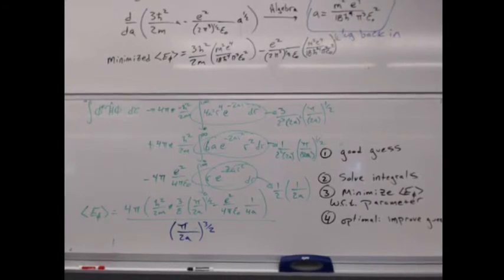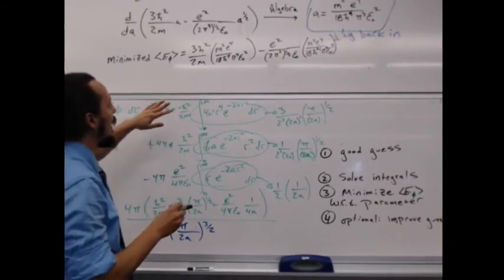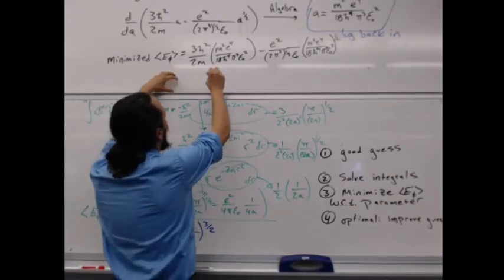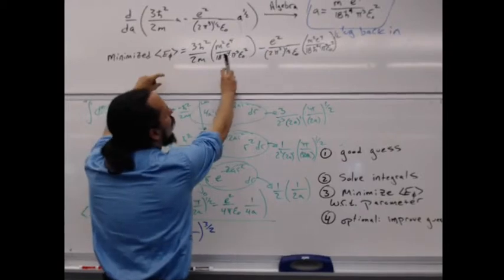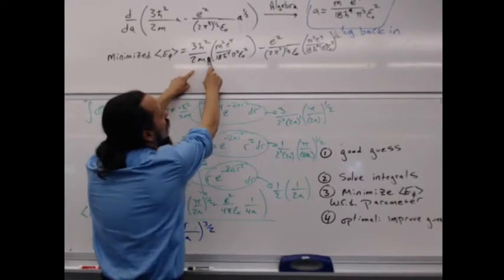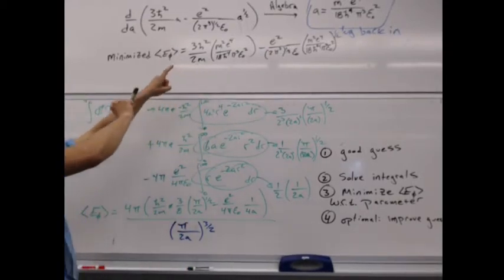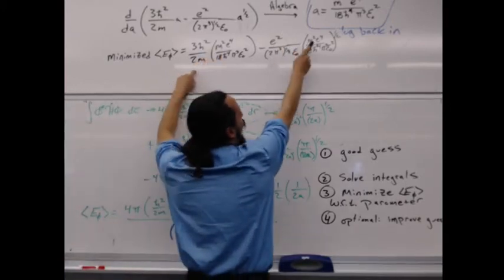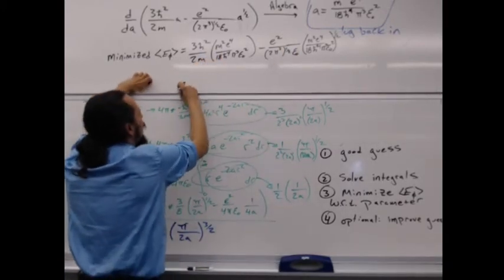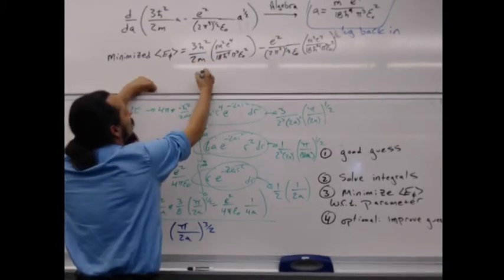And the reason that matters is if we go through and start simplifying things, notice, we're going to end up with one mass on top. I'm just going to do a little bit of simplification.